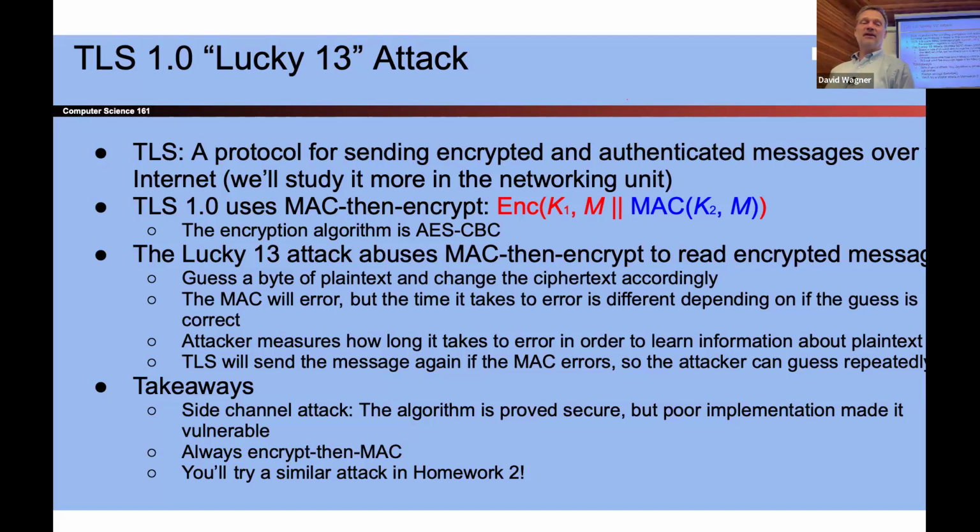So an example of this subtle flaw with MAC then encrypt is an attack on the algorithm that's used when you go to an HTTPS website. For a long time, that used MAC then encrypt, and everyone believed it was fine based on the reasoning we gave in class. You know, preserves confidentiality, preserves integrity.